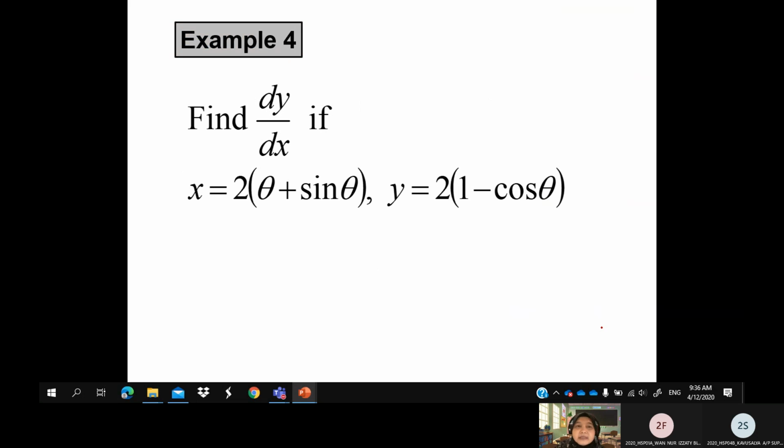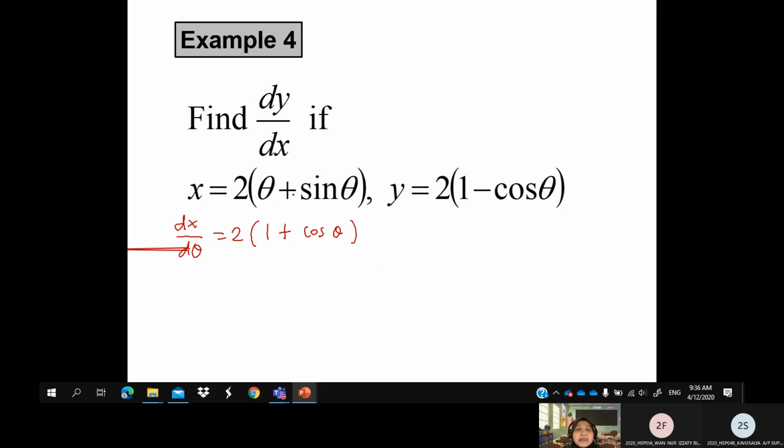This is dx/d theta: the constant differentiates, theta gives 1, and cos theta, like sin x, gives 1 plus cos theta.